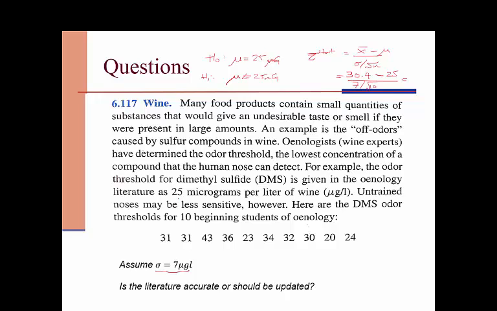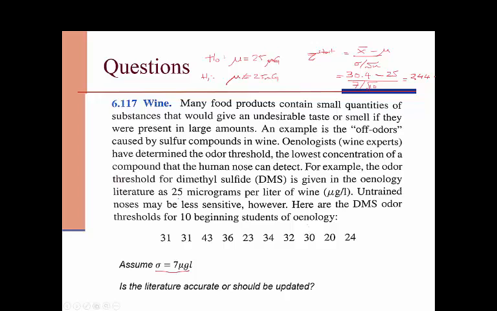So that's 30.4 minus 25 divided by 7 divided by square root of 10. Okay, and you get a z value of 2.44. Okay, so 2.44.